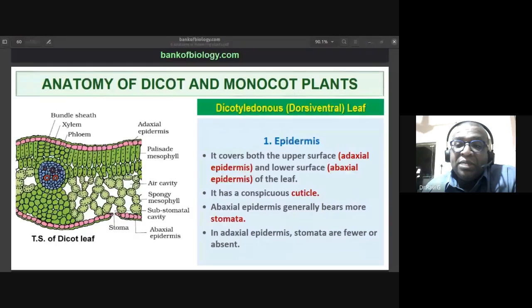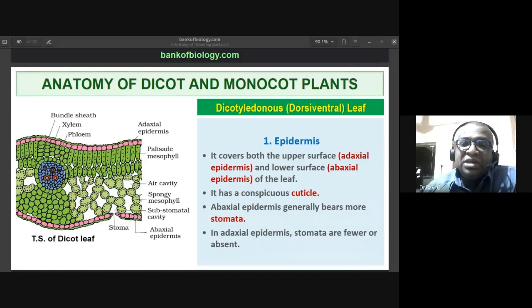Lower epidermis is called abaxial. They have a thick and conspicuous layer of cuticle. They have stomata distributed in the abaxial epidermis, or lower epidermis. In the upper epidermis, the stomata might be present; if present, they are lesser in number.